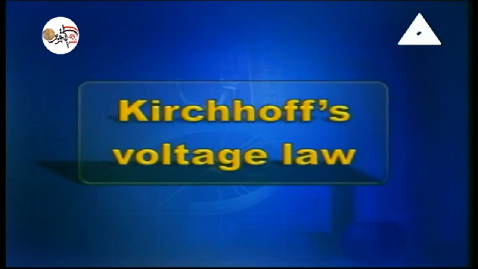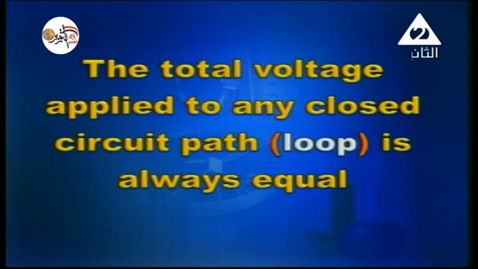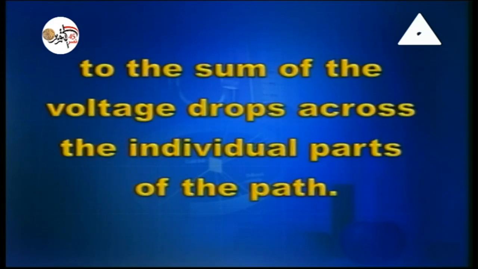Kirchhoff's voltage law. What about it? It states that the total voltage applied to any closed circuit path, applied to any loop, is always equal to the sum of the voltage drops across the individual parts of the path.